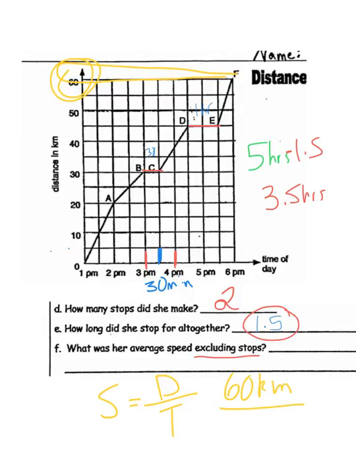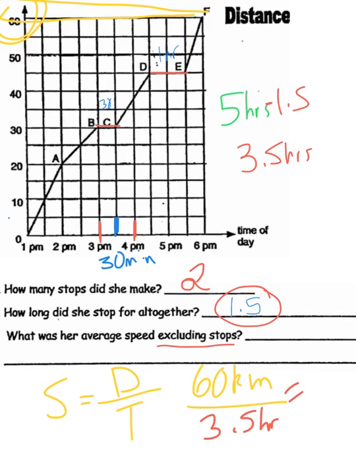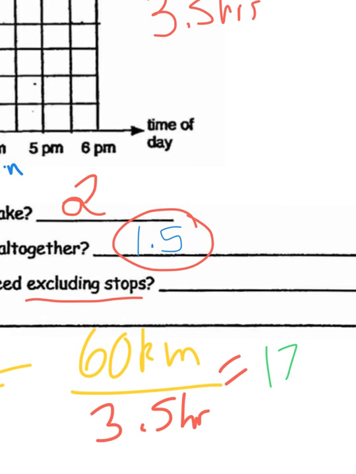But the only time she was moving was 3.5 hours because we subtracted the parts where she was just sitting there and doing nothing. So if you do 60 divided by 3.5, you should get 17.14, and then our units, once again, are kilometers per hour. So her speed was 17.14 kilometers per hour.